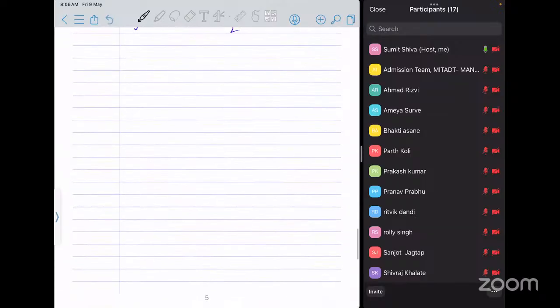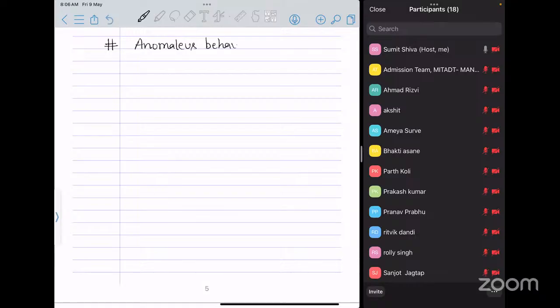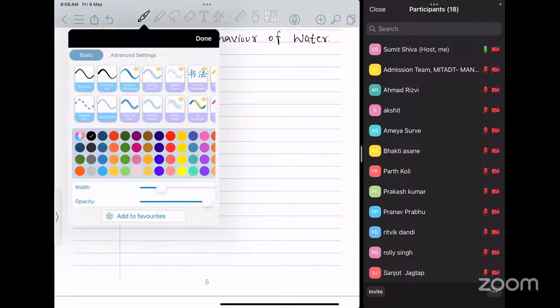There is one more interesting concept in this chapter, which is known as the anomalous behavior of water. On heating, generally matter expands.